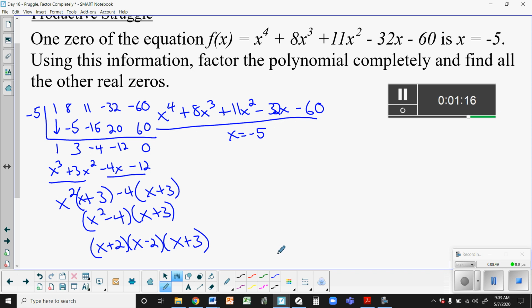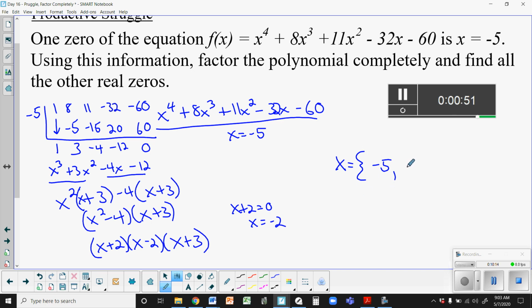Now what? It says, and find all other real zeros. So we already noticed that x equals -5. So we have one zero of -5. What are the other zeros? Oh, we can find these other zeros here. So we can do x plus 2 equals 0, and we can see, oh, that's x equals -2.